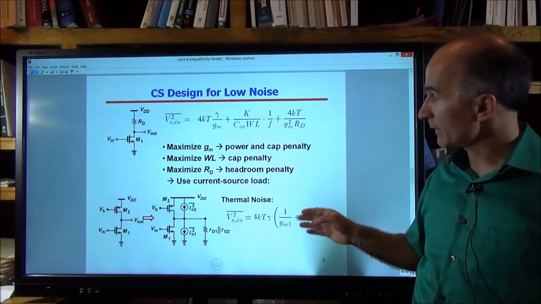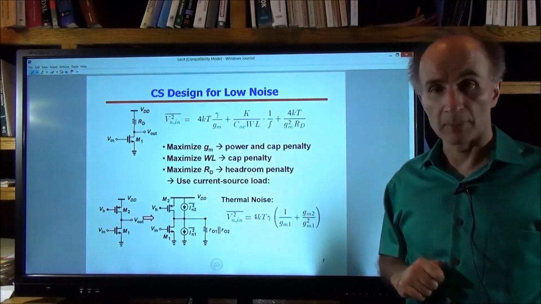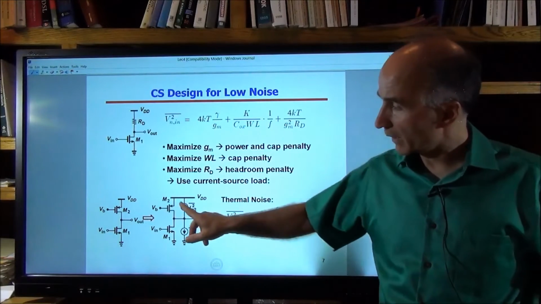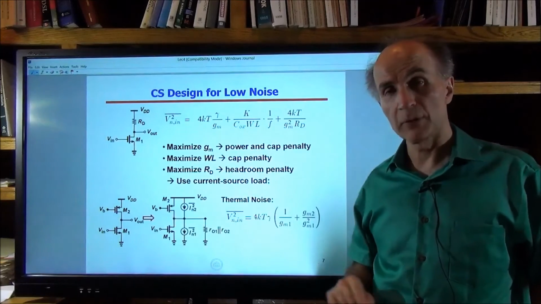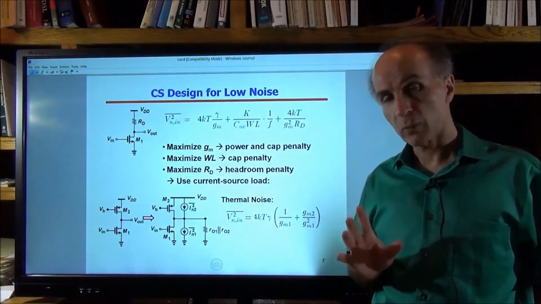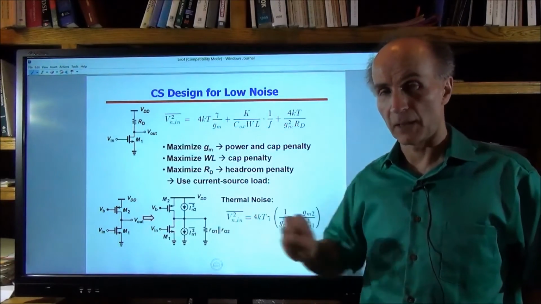Now, is this noise higher or lower than the thermal noise of this stage? They are probably comparable. But what's worse in this case is that now we also have to deal with the flicker noise of M2, whereas here Rd did not have flicker noise. So that's one trade-off that we face when we go from this stage to this stage.